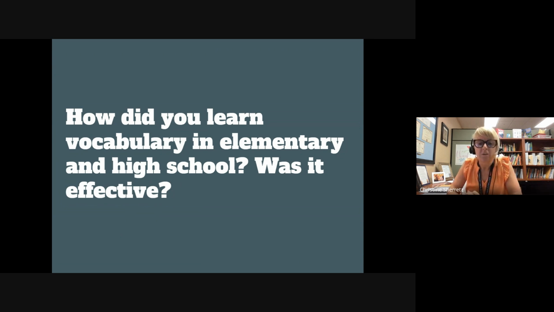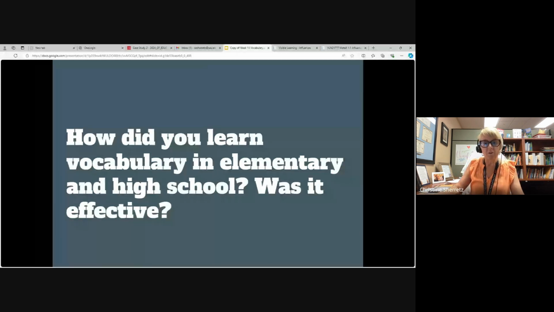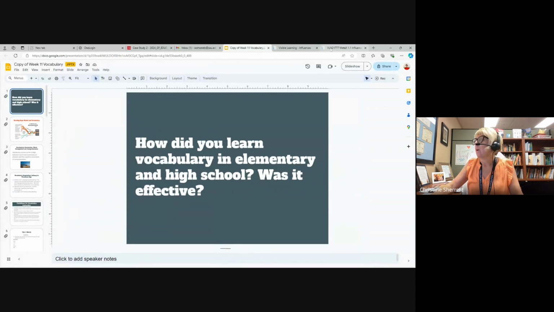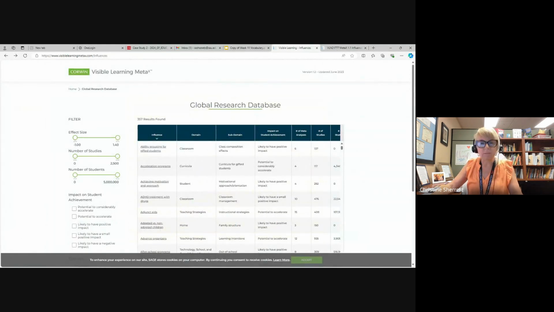And so there are some strategies that are effective, and there are some that are not effective. What I want to show you is a website, and this website is called Visible Learning, and I strongly suggest you take a look at this. There's also a book called Visible Learning that's a synthesis of over 800 meta-analyses relating to achievement in schools.